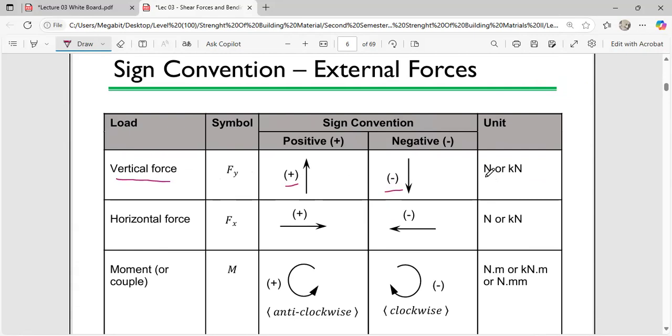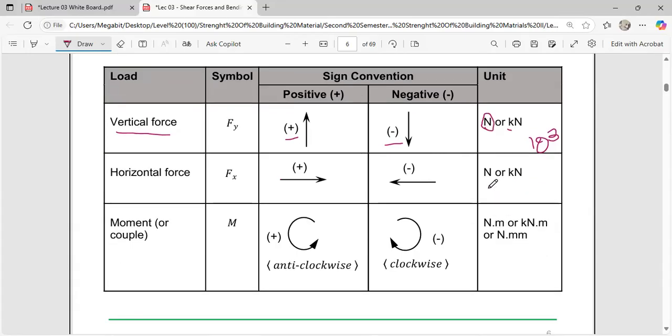Because they are forces, they will be measured in kilonewton or newton, but please take note that the kilo over here is 10 exponent 3, and the newton is the actual unit. Forces are measured in newton. Horizontal forces are also measured in newton. So if you see the k, don't get confused. The k simply means 10 exponent 3.